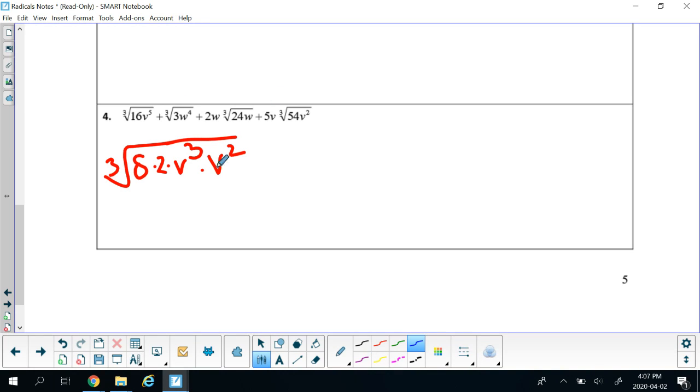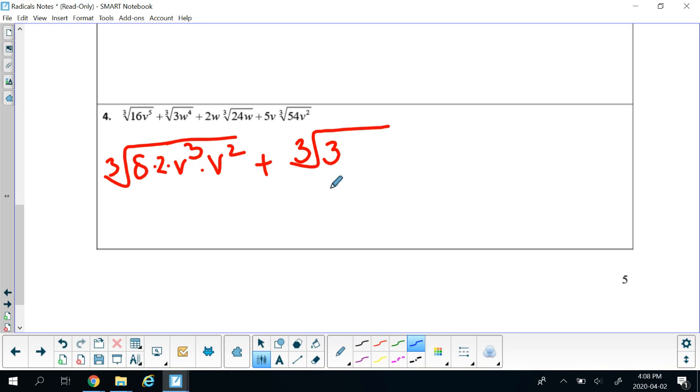Okay, again, if you remember exponent laws, whenever you are multiplying two terms with like bases, the powers are added. So v cubed into v squared is actually equal to v to the power 5. Okay. So next, I cannot break 3 because it's a prime number.